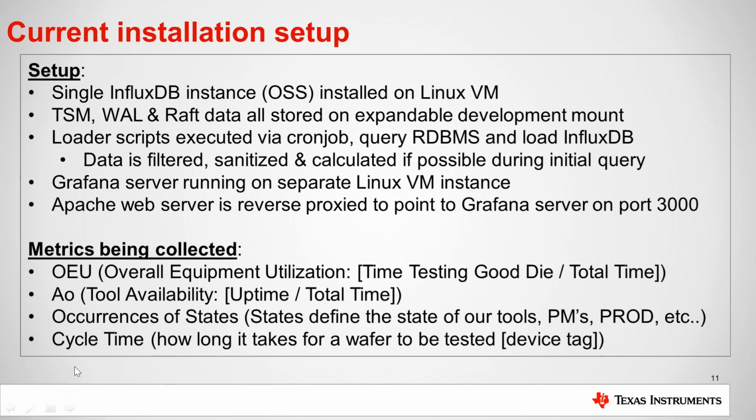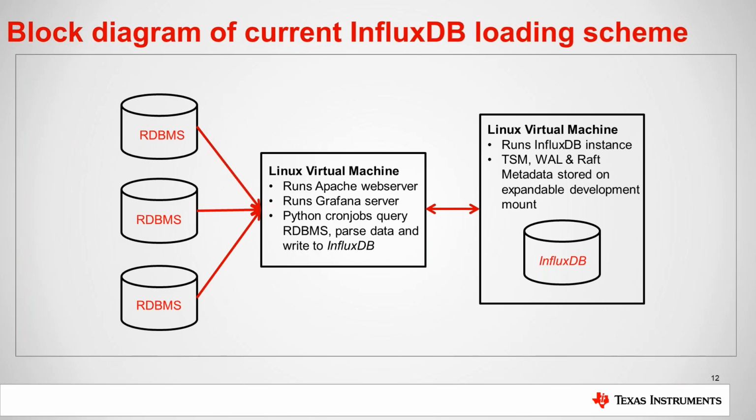I'm also starting to collect cycle time, and also time between failure and time to recover. I've started to add that data recently, which I haven't updated the slide for. So it's just a block diagram of essentially what we're doing. I have a bunch of loader scripts, primarily written in Python.